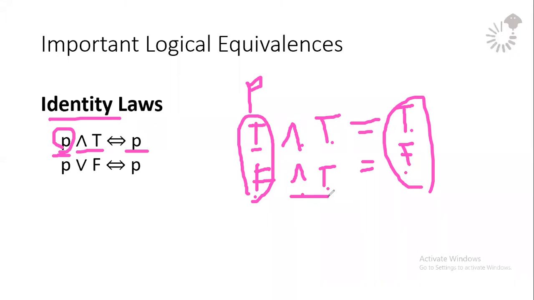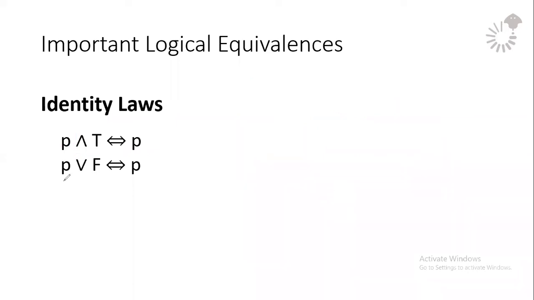Follow. So let's check the second statement. A statement or proposition, in disjunction or with false, the answer is the value of the proposition. So P, if the value is true or false, whatever the value of the proposition is, that is the answer.